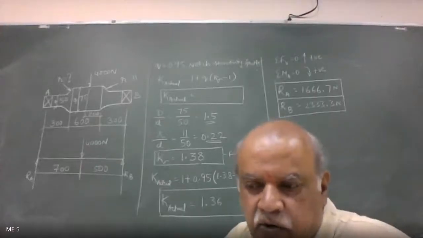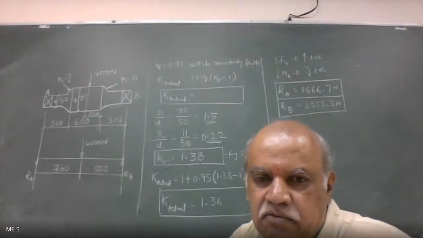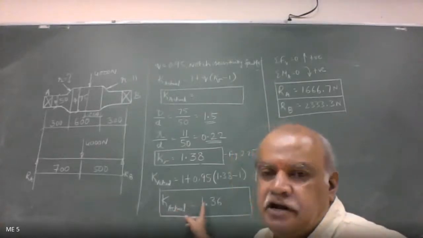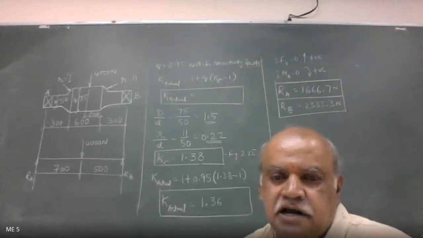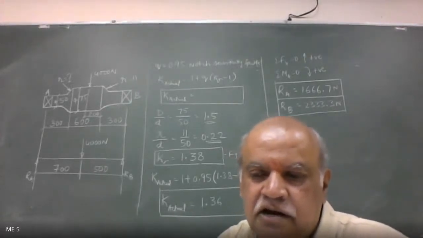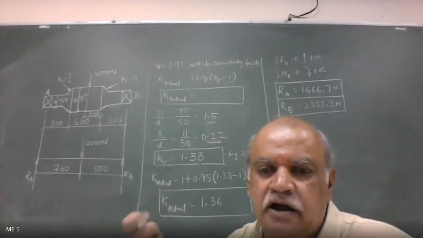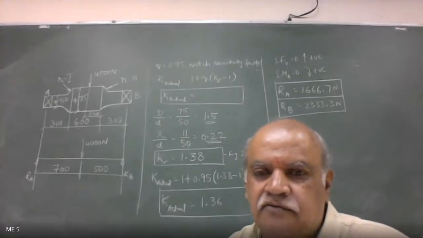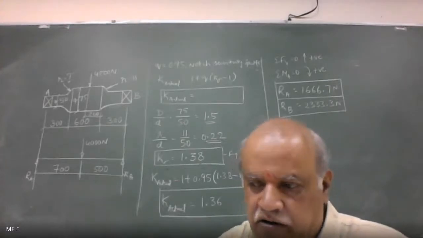For that K sigma, find out the D by d and r by d ratio. Whatever K sigma new value you get, you need not consider it again a second time, because we have already considered K actual here. Go to figure 2.25 for a D by d of 1.5, get r by d, and from there you will get the value of r.